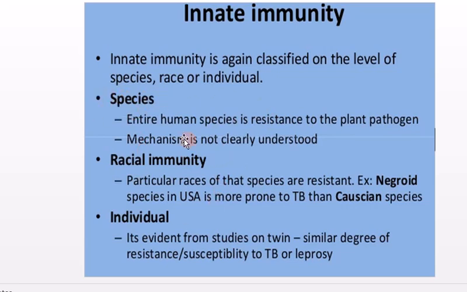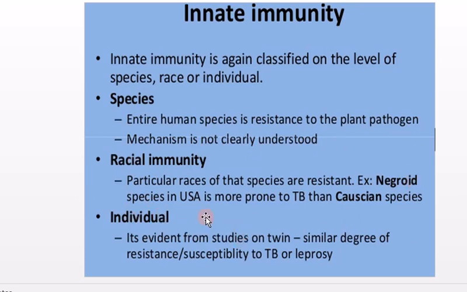Racial immunity: some races like Negroid are more immune to TB than Caucasians, meaning these white people are more prone to TB than Negro people. This is an inborn quality, inborn nature has given them a stronger immune system.